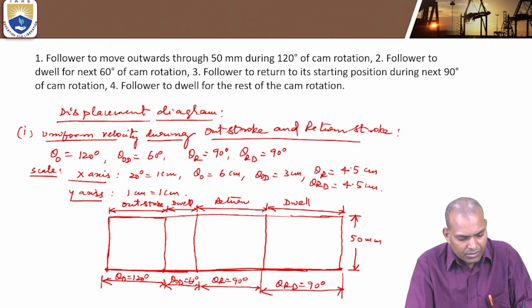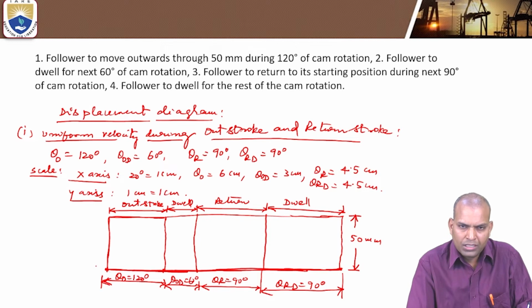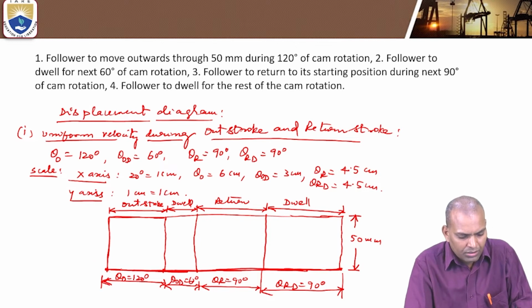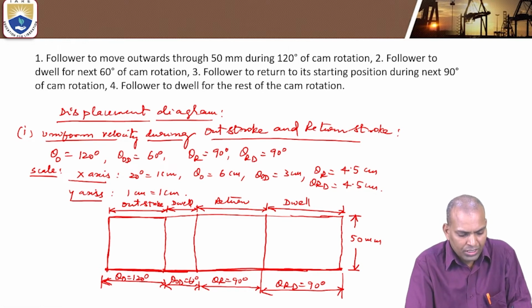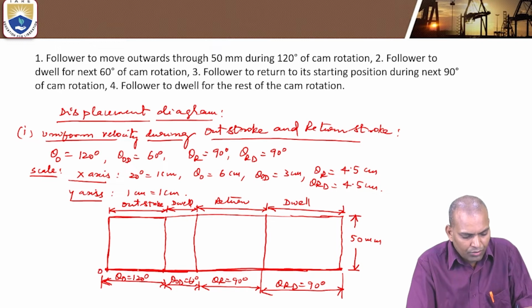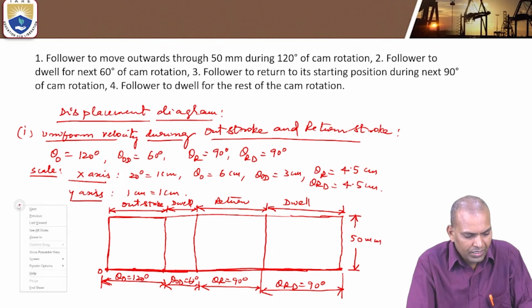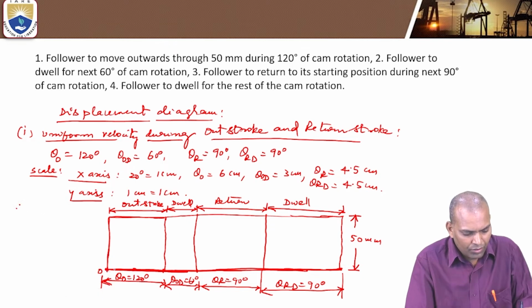Divide this theta O portion, which some books mark with other notations, but you can follow it as 0. Divide this into an even number of equal parts.